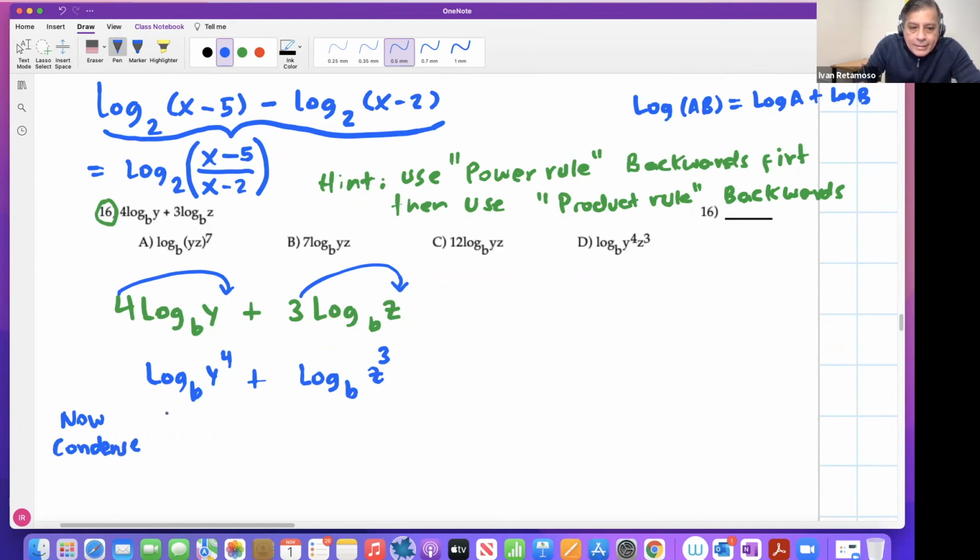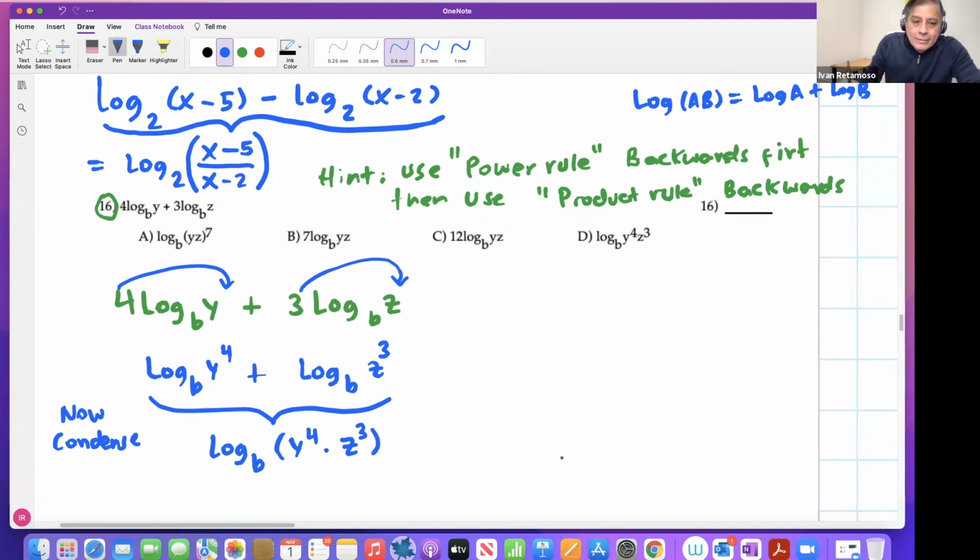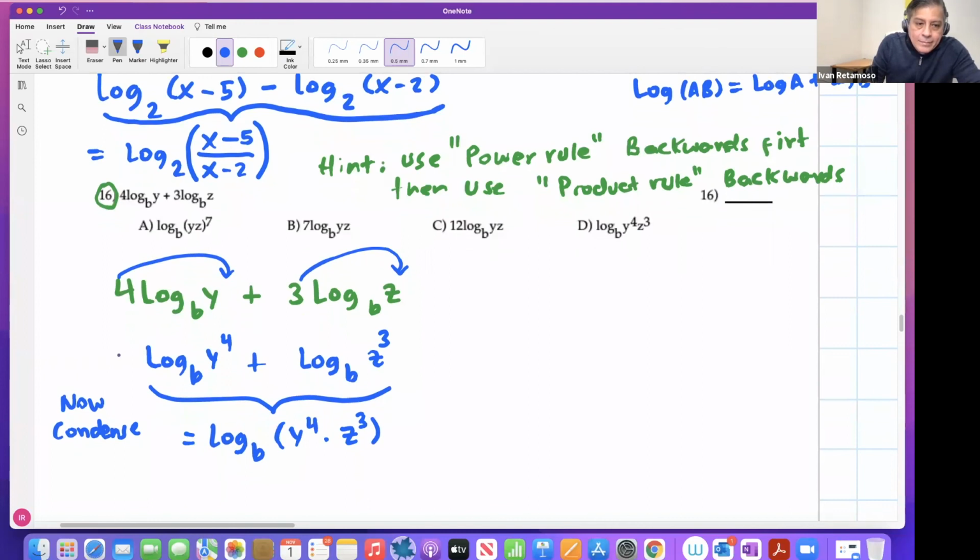To condense, since I see a sum, I have to use the product rule backwards. So this can be written as a single log, log base b of the product, the multiplication. Product means multiplication: y to the 4th power times z to the 3rd power. Now, guys, remember, mathematicians are minimalists.